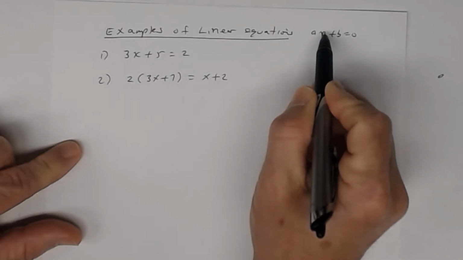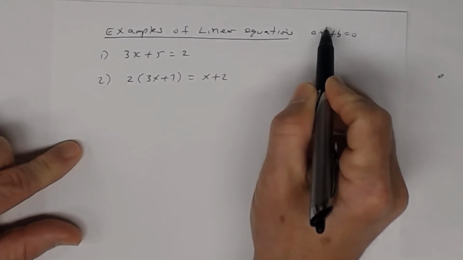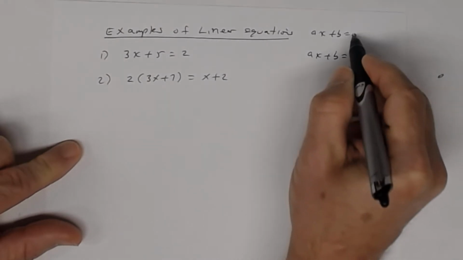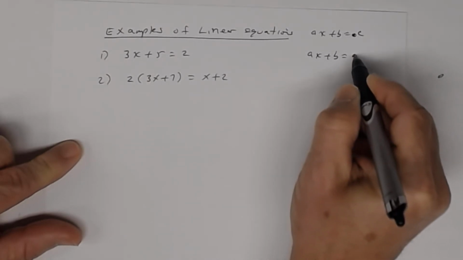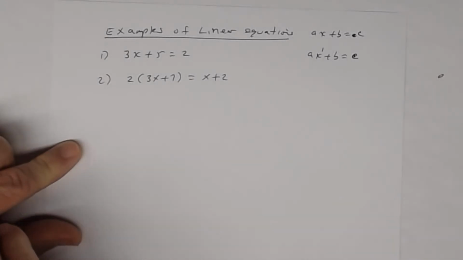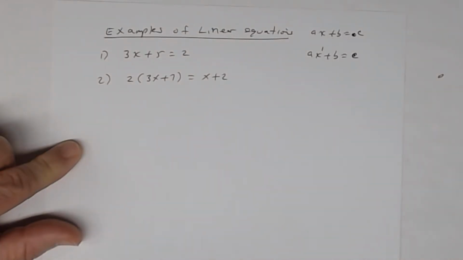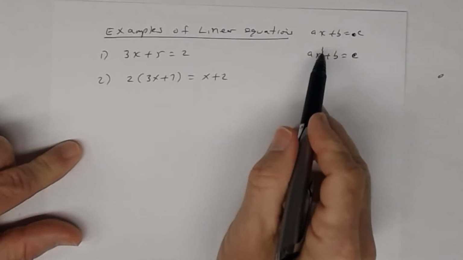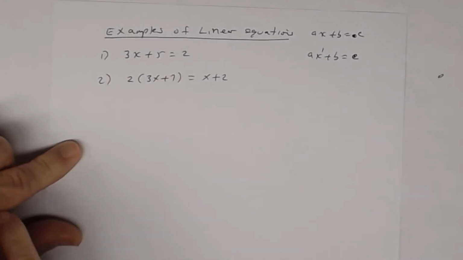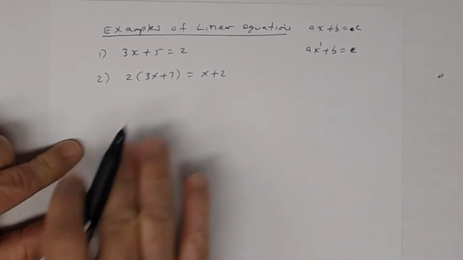See, there's no exponent there, but remember, if there's no exponent there, it is understood to be a 1, so x to the first power. So that's one of the properties of a linear equation: that highest exponent you see must be a 1. All right, so these are examples of linear equations.